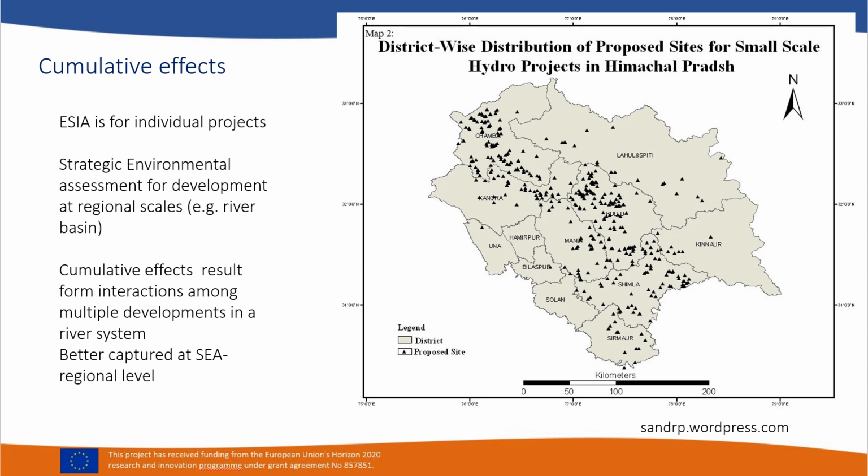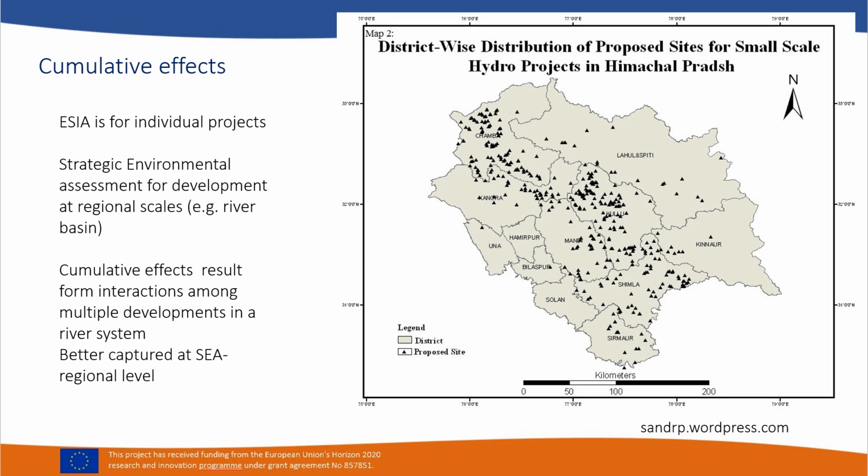But when we put them in perspective, we have different developments, and together they start to transform river systems. And in this case, environmental and social impact assessment for a project is not able to capture that multiplicity of projects that are occurring in one region.